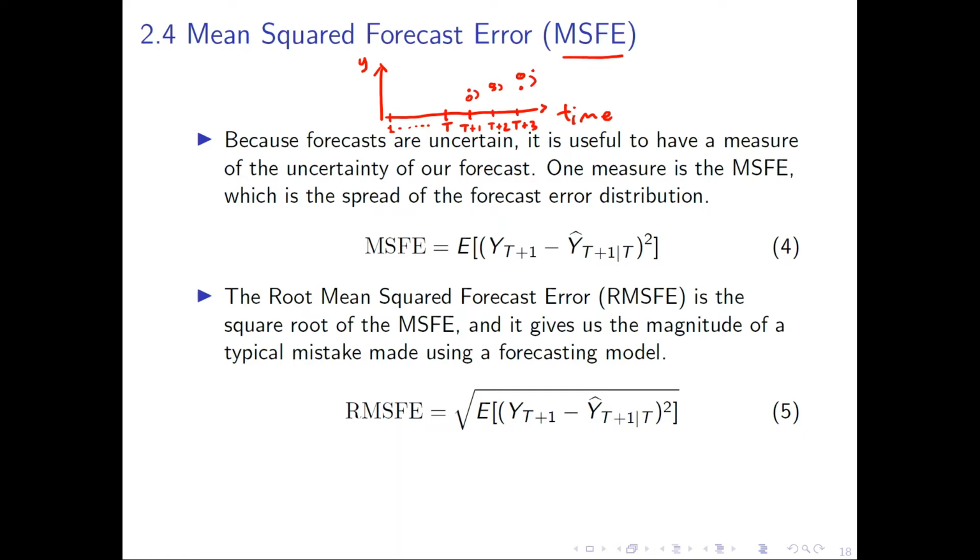We can take the forecast error. The forecast error would be the actual value minus the forecast, and this we can square.